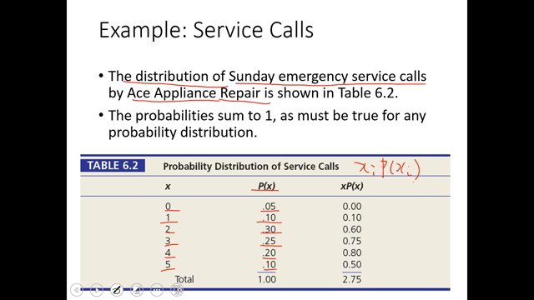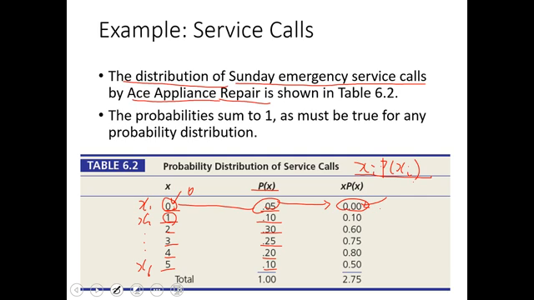So then here is xi times probability of xi. So it is x1, x2, and so on, up to x6. In this case, x1 is 0, so multiplying this value times this value gives 0. So the first value is 0.